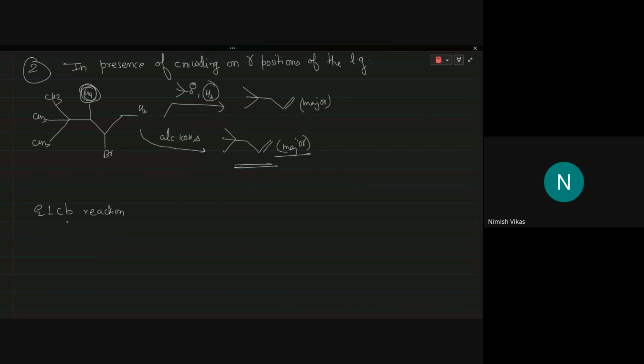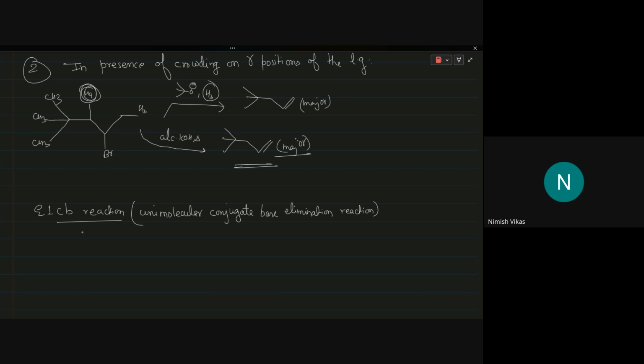So E1CB stands for unimolecular conjugate base elimination reaction. Right. This is the meaning of E1CB elimination.